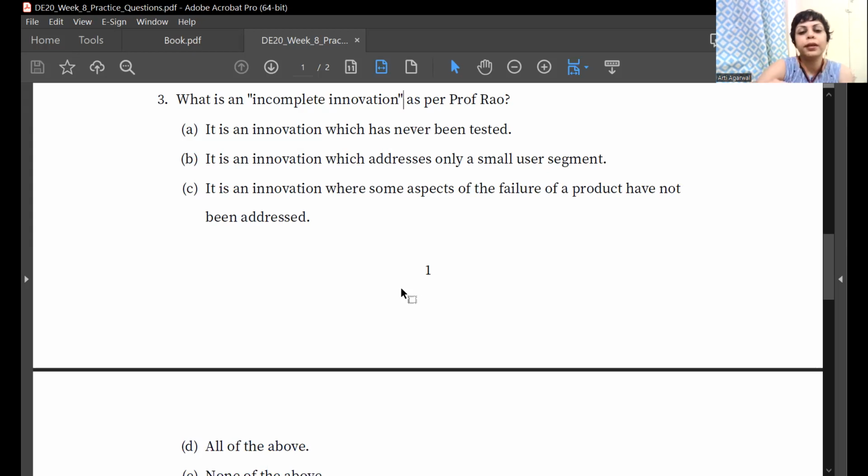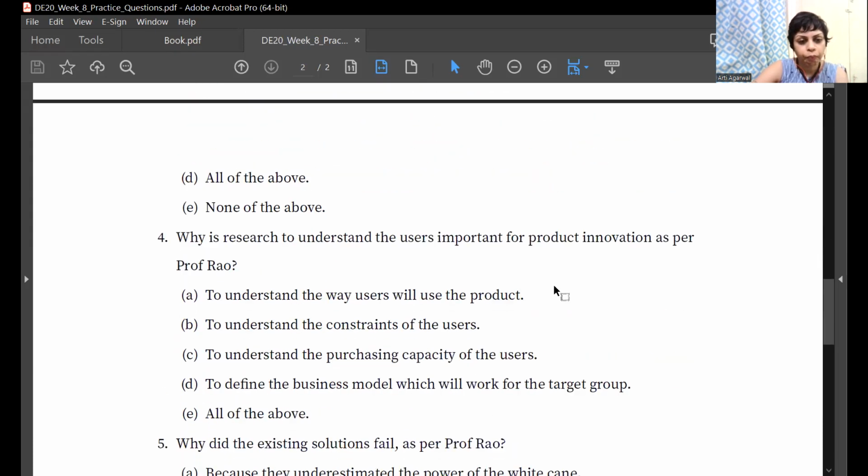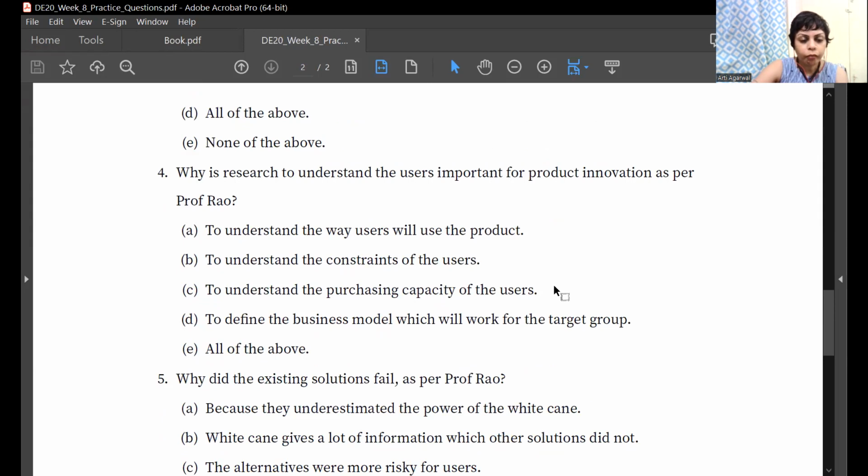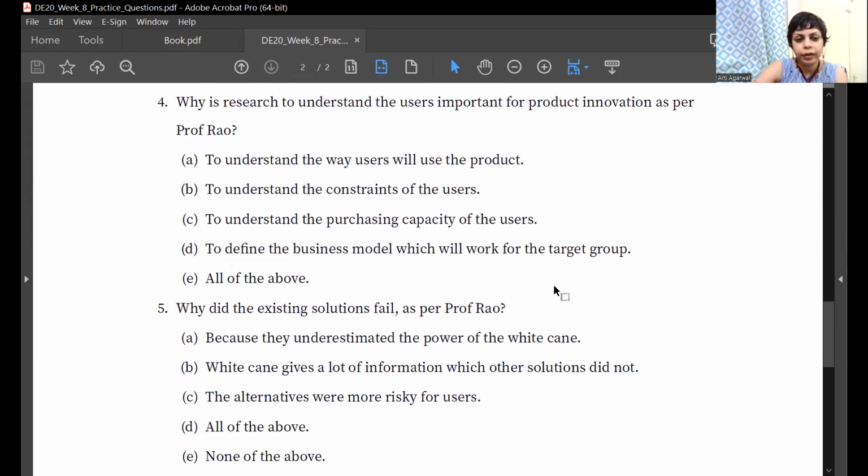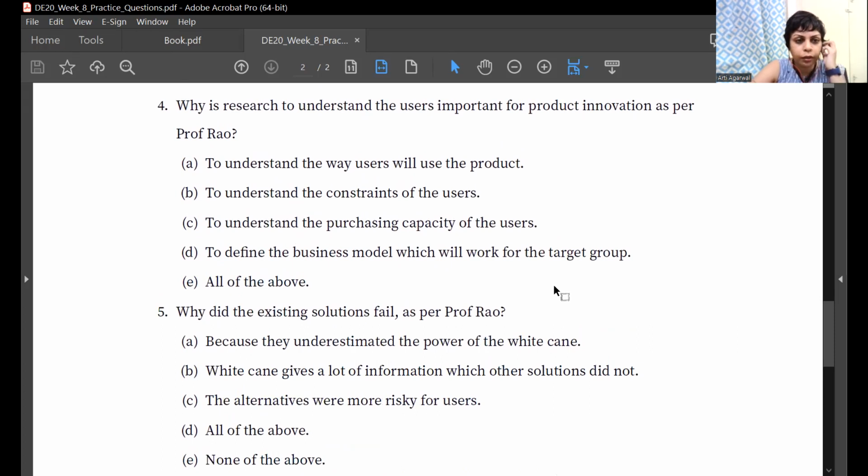So an incomplete innovation is one which does not address these issues. So if you read the whole sentence, an incomplete innovation is an innovation where some aspects of failure of a product have not been addressed. So C is the correct answer. And all of the above and none of the above cannot be true. So D and E are not correct.